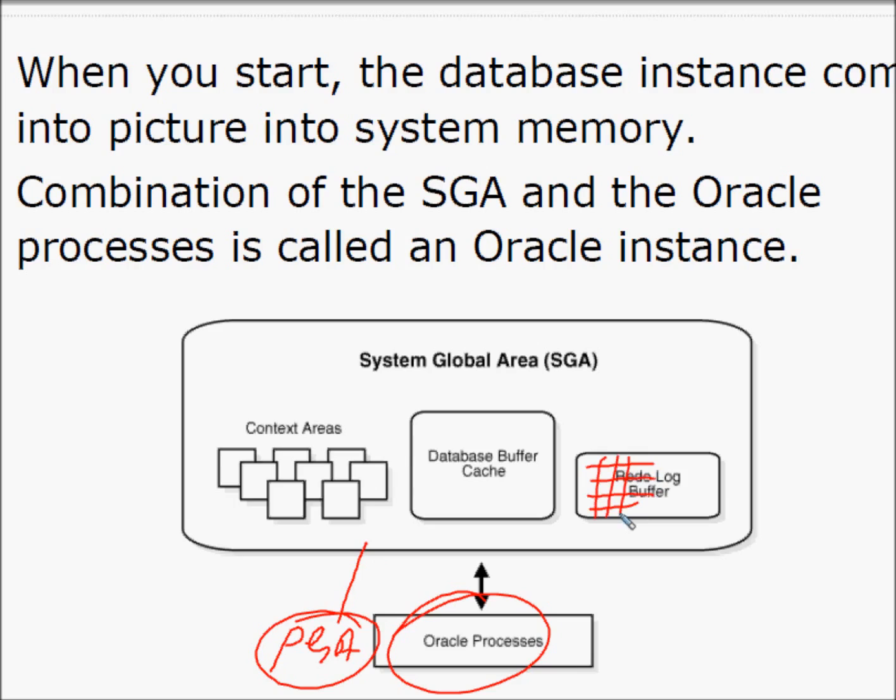Once the changes are done, it is stored in the database buffer cache. And finally, once we commit or rollback happens, some update happens to that system.dbf file, remember the database file which we have. So you understood this now.